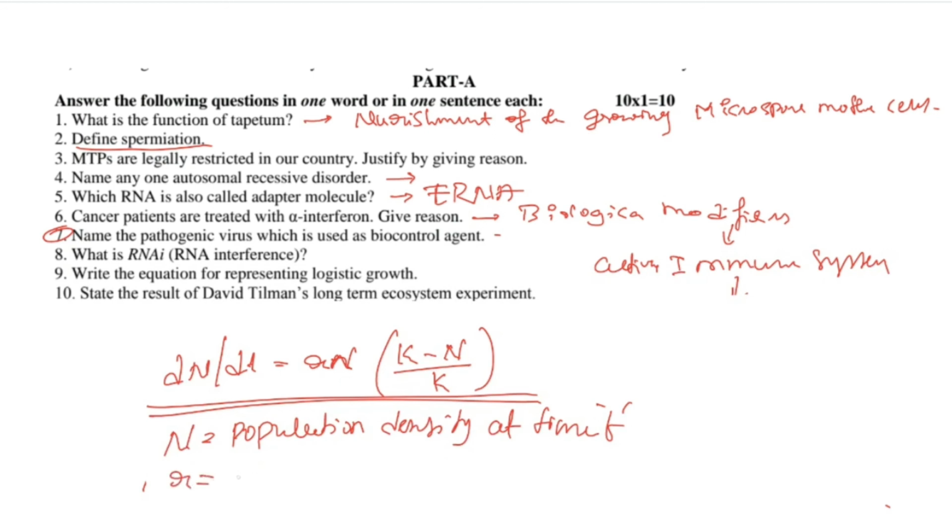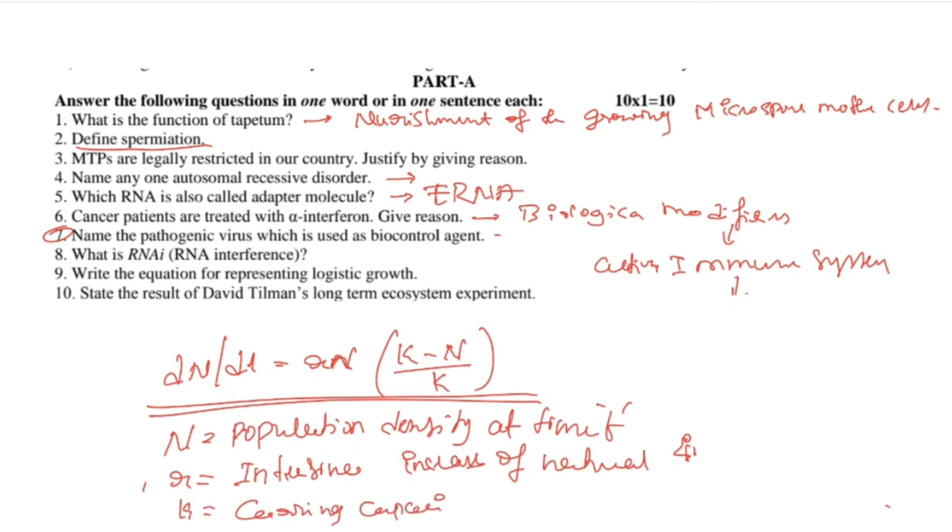It is the intrinsic rate of natural increase of the population. So this is the population one. Okay. So then K. What is K? That is the carrying capacity of the habitat.